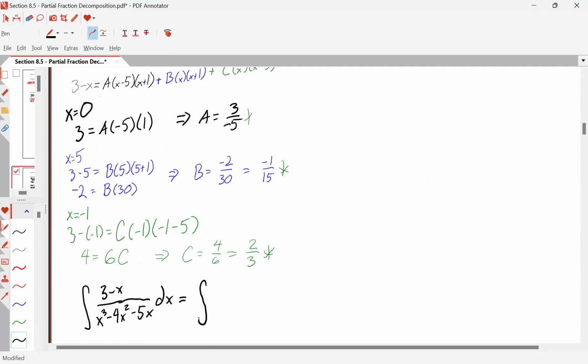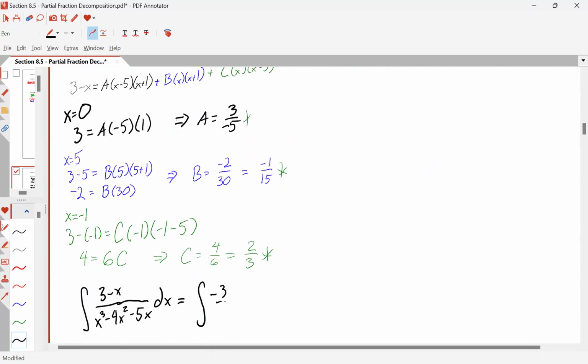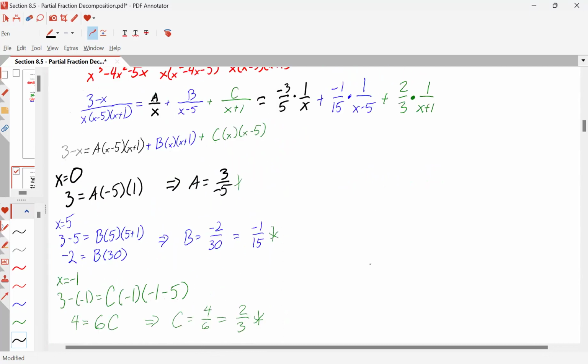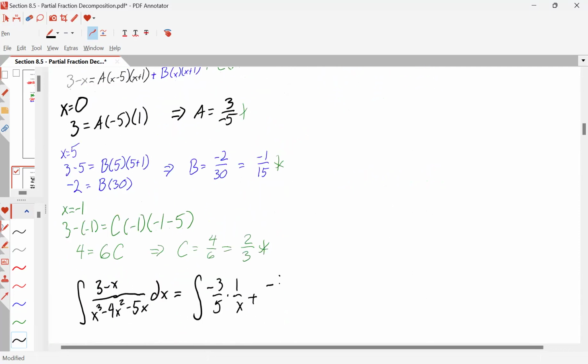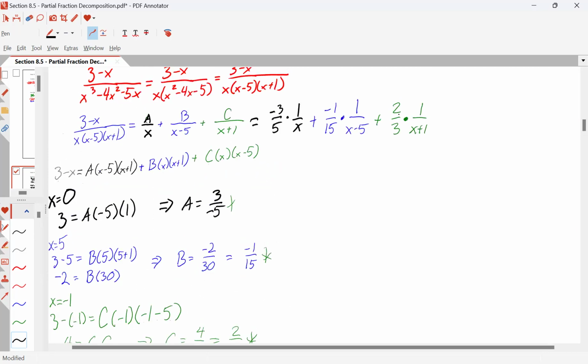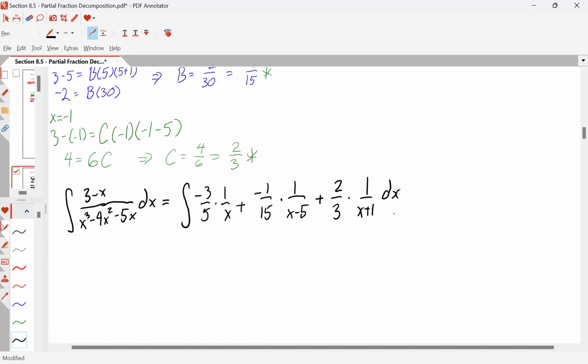This is the same as integrating negative 3/5 times 1 over x plus negative 1/15 times 1 over x minus 5 plus 2/3 times 1 over x plus 1. So there is what we want to integrate.